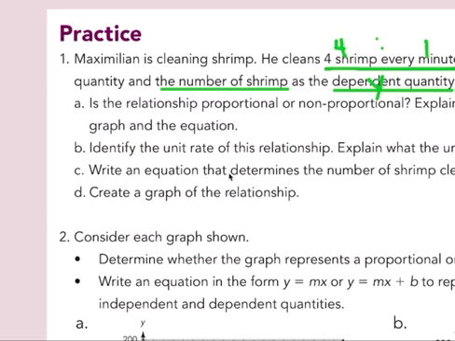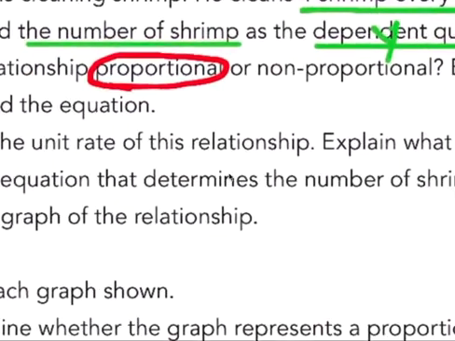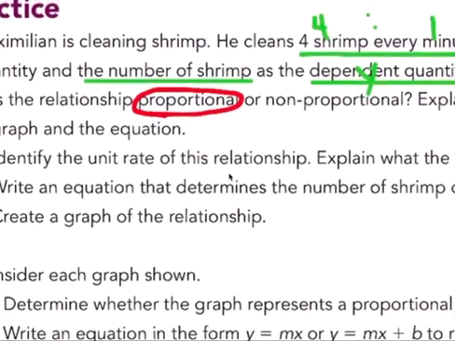Is the relationship proportional or non-proportional? It is proportional because your rate is 4 shrimp a minute, and you start at 0 minutes, 0 shrimp. So it passes through the origin.